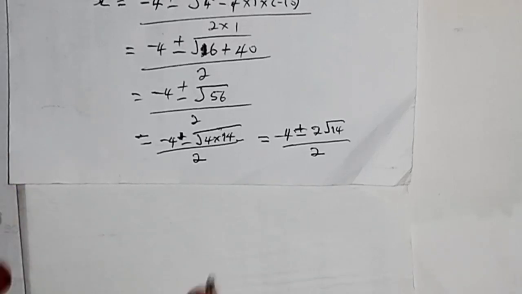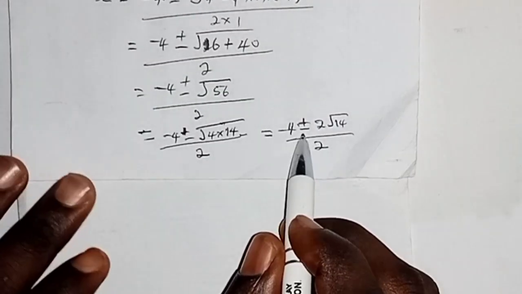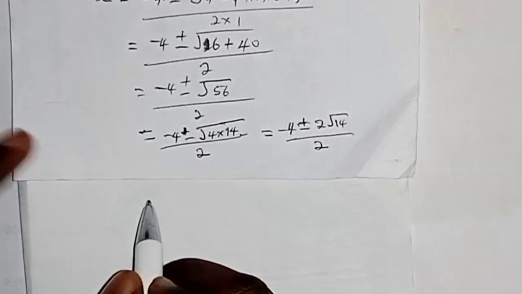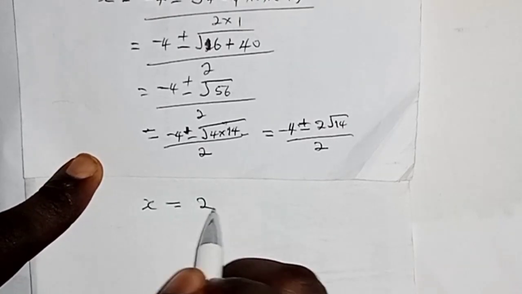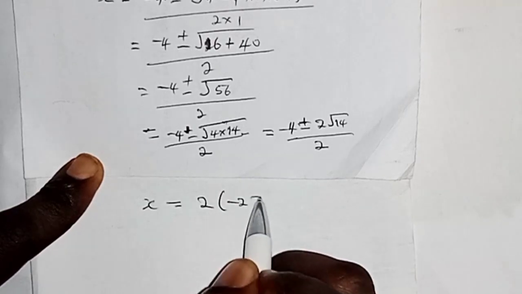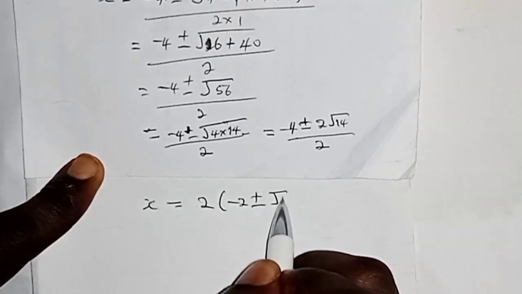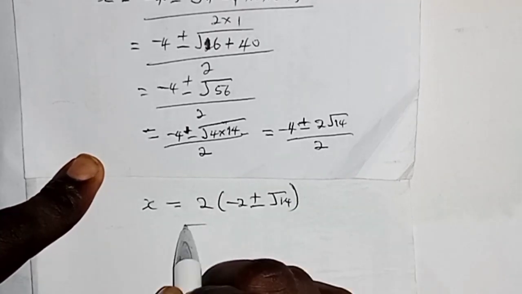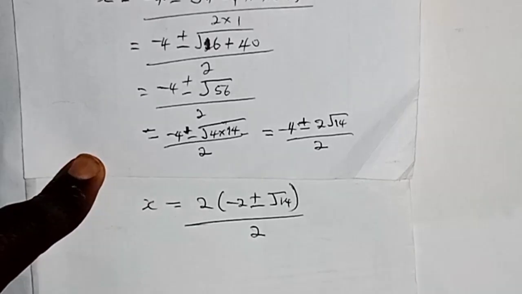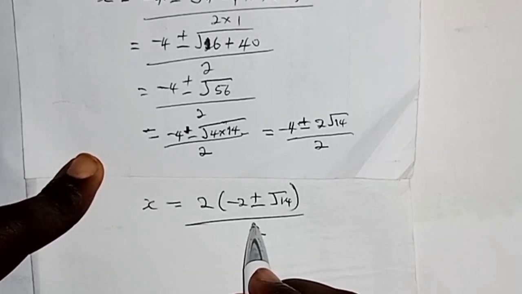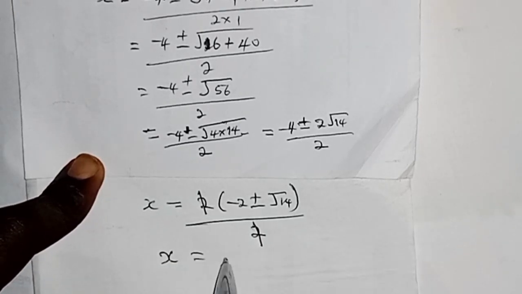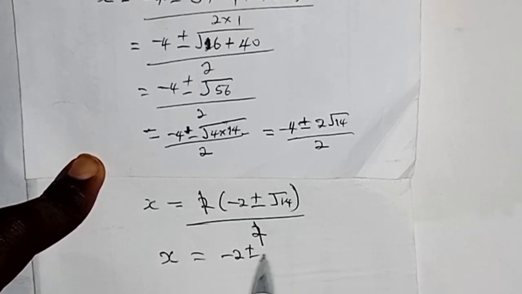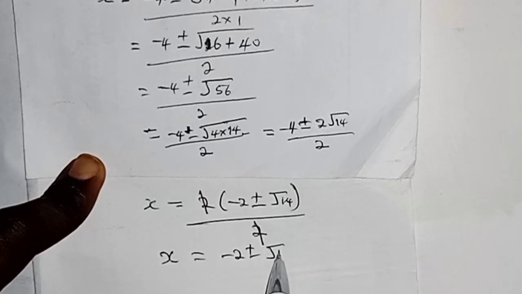Simplifying further, I'm going to factorize 2 from here, and if I do that, I have that my x is now equal to 2 into minus 2 plus or minus root 14, all divided by 2. Now these two can cancel these two, and then I have that my x is now equal to minus 2 plus or minus root 14.